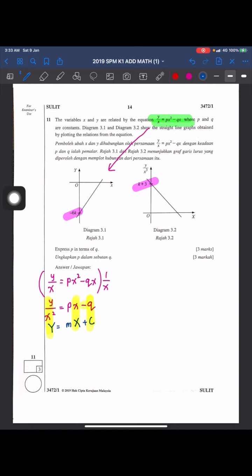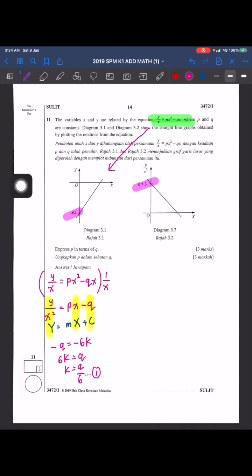So saya ada negative Q is equals to negative 6K. Okay, oleh kerana soalan dia nak P in term of Q kan, saya kena jadikan K ni sebagai saya punya subjek. Okay, so kita ada 6K equals to Q. K is equals to Q over 6. So this is the first equation. Okay, so mungkin kita akan gunakan dia nanti untuk the second diagram ni.